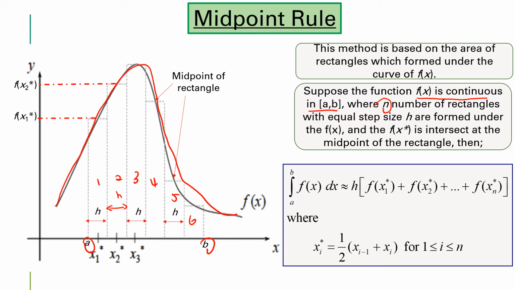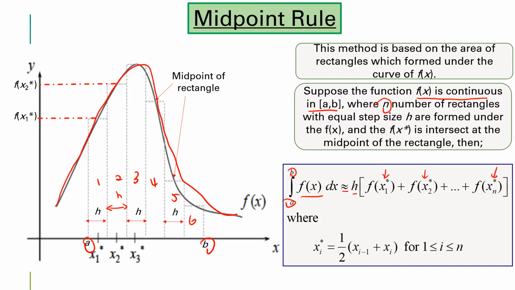So the integration of f(x) from A to B is approximately given by h times f(x1 star) plus f(x2 star) plus until f(xn star), where the x star value is the midpoint. That's why this method is called the midpoint rule.